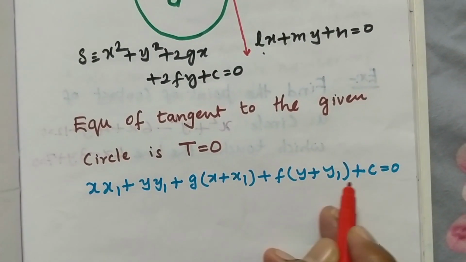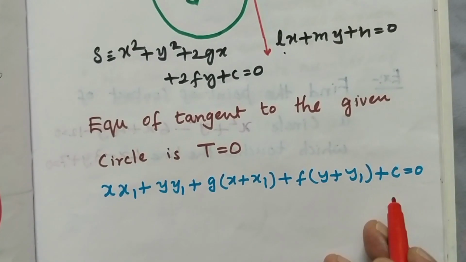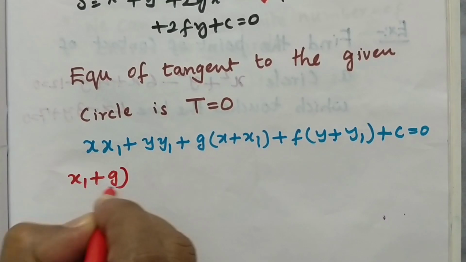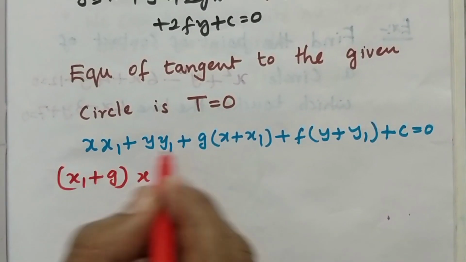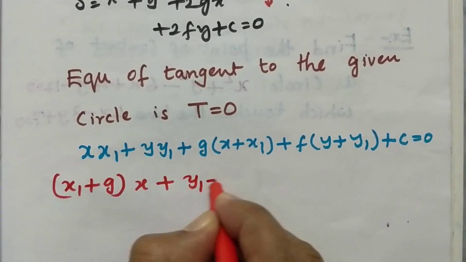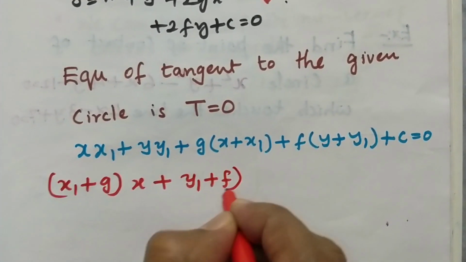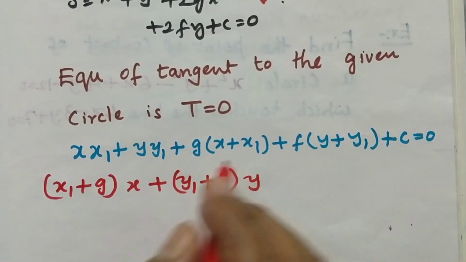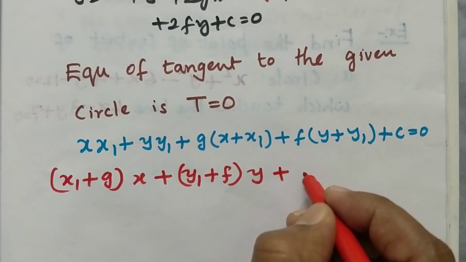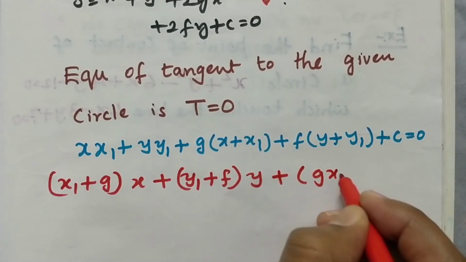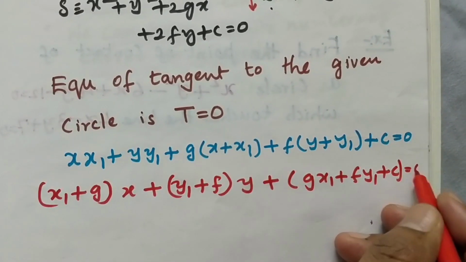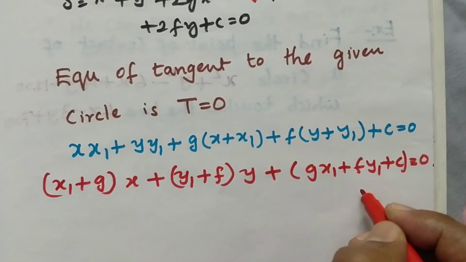If you regroup this, x1 plus g into x, I combine these two, and also y1 plus f into y, plus g x1 plus f y1 plus c is equal to 0, also you can write. Say this is equation number 1.